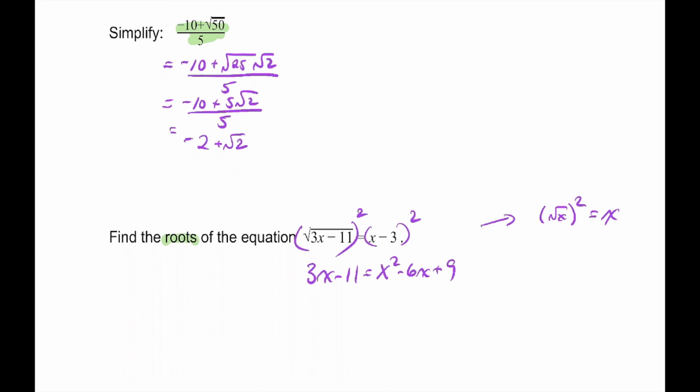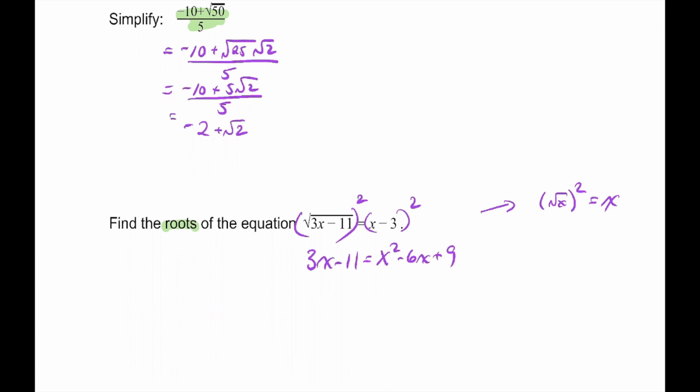And solving a quadratic equation, really we have to get one side equal to 0. So we're going to subtract 3x and add 11 to both sides. So I get 0 is equal to x squared, minus 6x minus 3x is a minus 9x, and 9 plus 11 is 20, plus 20.